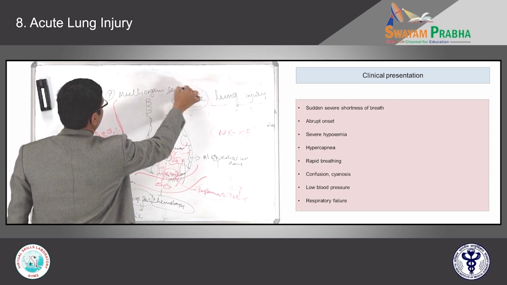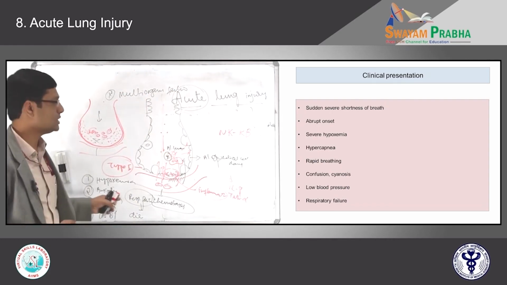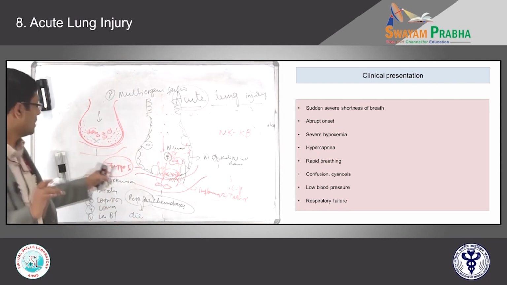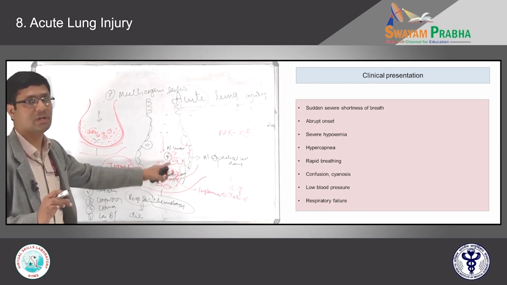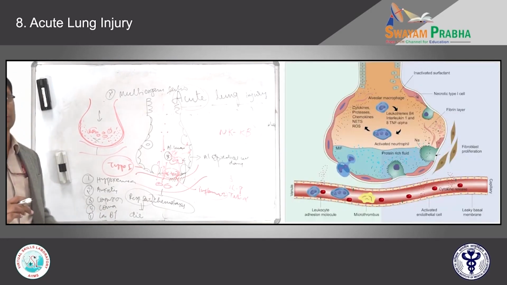Because of these multiple symptoms, we call it acute respiratory distress syndrome. These are the syndromic patients, but the pathophysiology is always diffuse alveolar damage. These are the clinical features with which the patient presents.